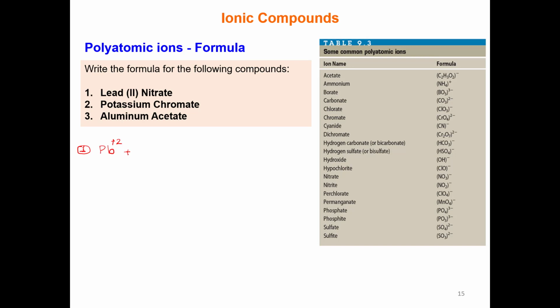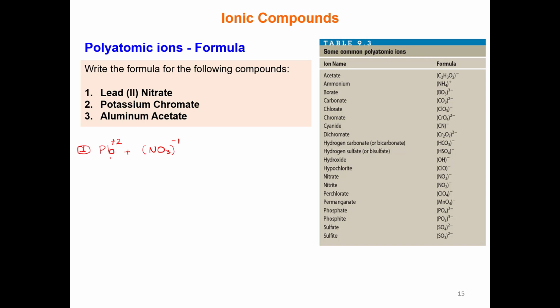Plus nitrate, then we will see what is the charge for nitrate. It's -1. Then we will write it here. The next thing we want to check is if the compound is neutral.